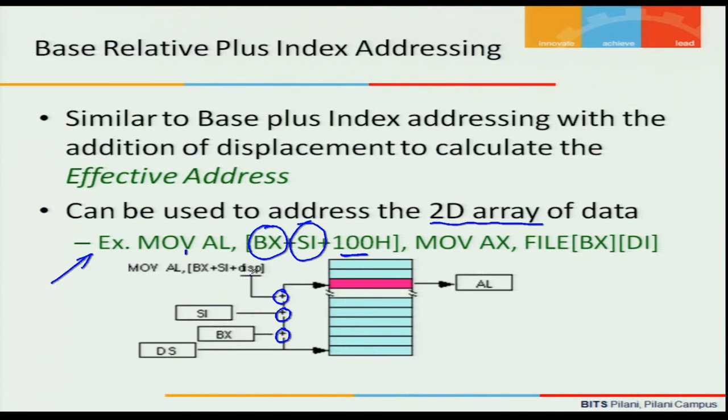So from here read the value and put it in the AL register. Effectively you can access an element of a 2D array by manipulating the values in the BX and the SI registers. So this is the base relative plus index addressing mode.